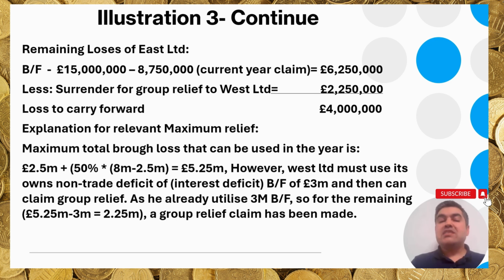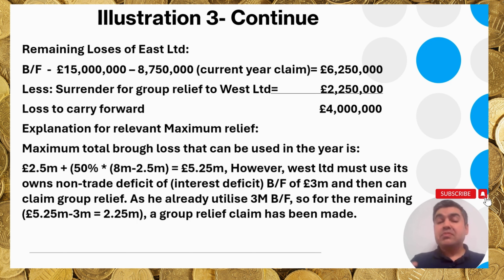Remember, for West, there is an annual deduction allowance of 5 million for the entire group, and we stated that it should be split. In practice, you need to utilize it in the way that generates the bigger tax saving. That is the rule. However, for simplicity, let's split it in half, so 2.5 million.